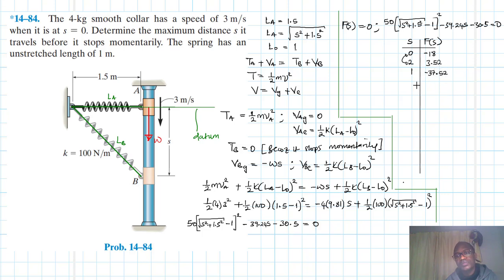This is negative. So we'll get an iteration between the smallest negative and the smallest positive. So half of that is 1.5. Okay. So let's plug it in. Okay. So it's 1.5.